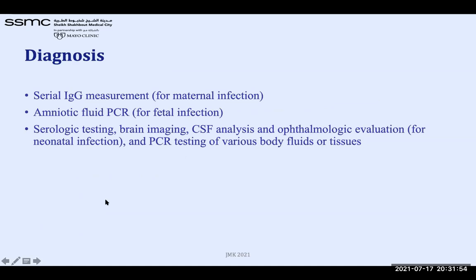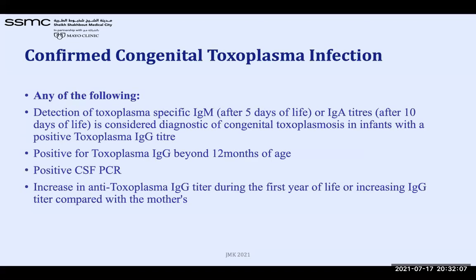So serial IgG measurements for maternal infection, amniotic fluid PCR for fetal infection, and serological testing, brain imaging after birth, and PCR testing, especially of the CSF. So how do we confirm it? Detection of Toxoplasma IgM after 5 days of life, or IgA titer after 10 days of life, is considered diagnostic of congenital toxoplasmosis.